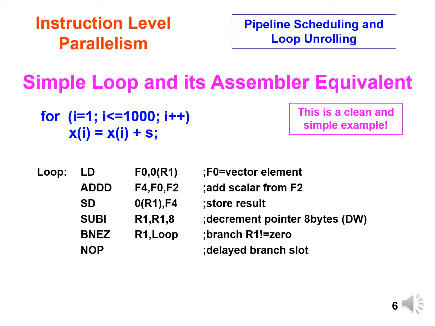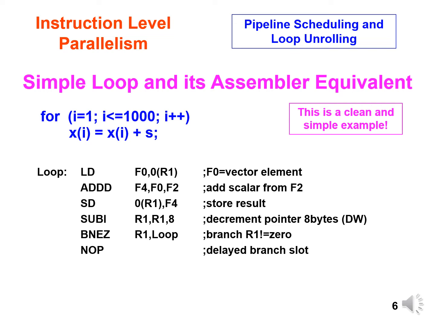F2 is a scalar value, this s value. We add F2 and F0, and we store the result in F4. Next we have to store F4 back to memory at R1 so that this loop will be continued.